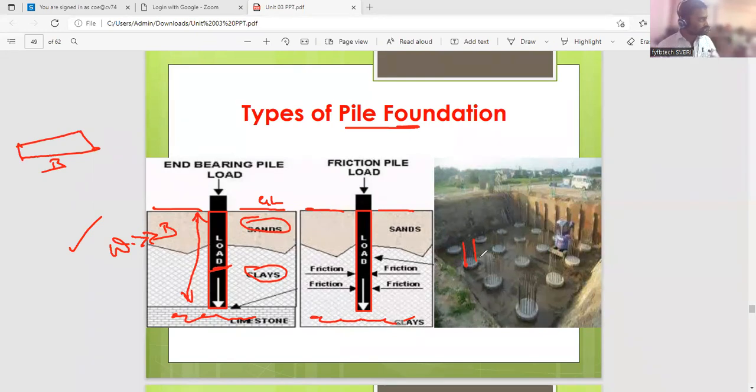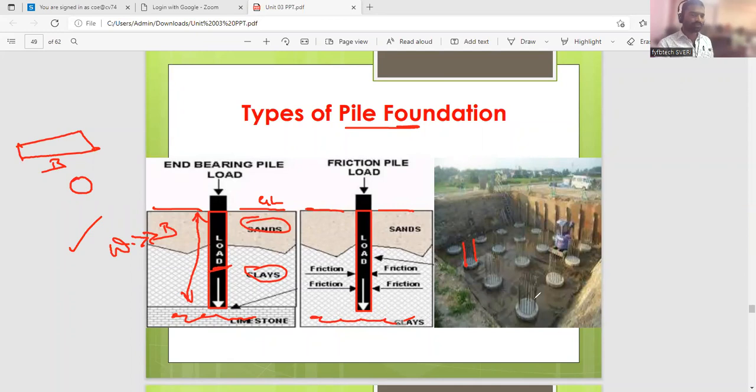What is the shape of the pile foundation? The shape will be circular only, not square, because this is the ground and you have to dig 10 feet below the ground level. Is it possible to dig in a rectangular or square shape? No, you have to dig in a circular manner only.